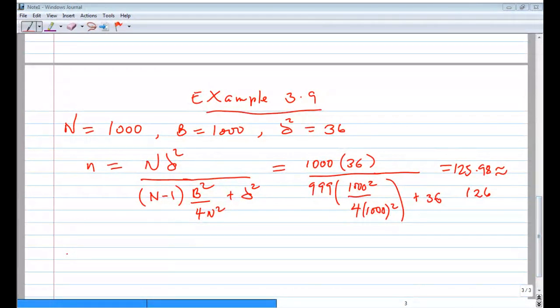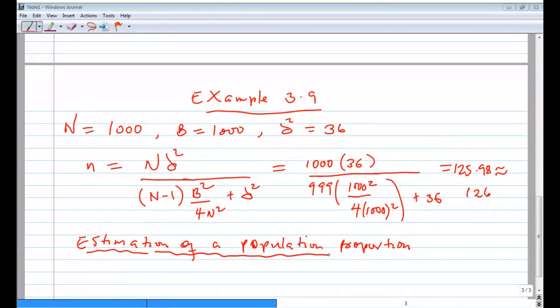Estimation of population proportion. How do you estimate the population proportion?